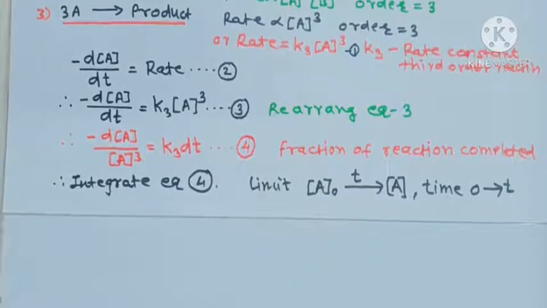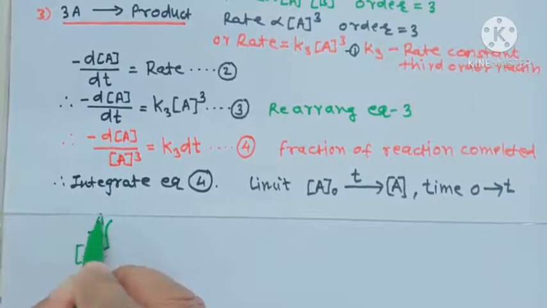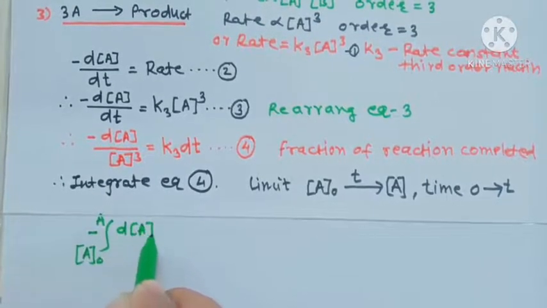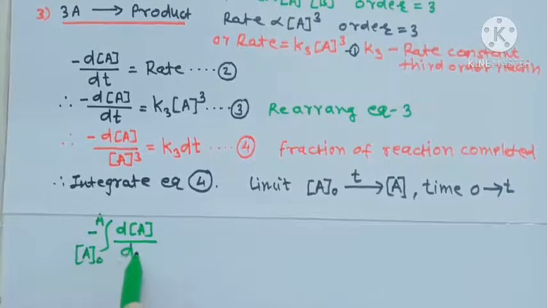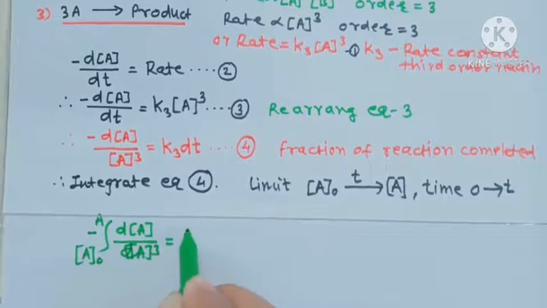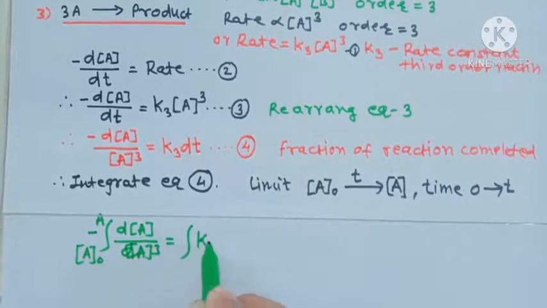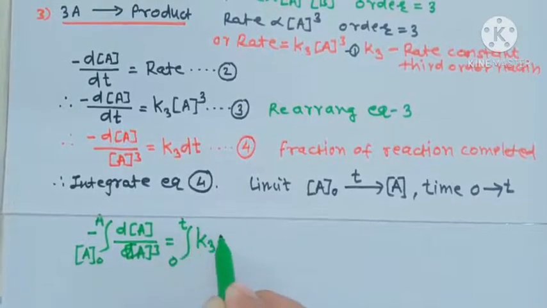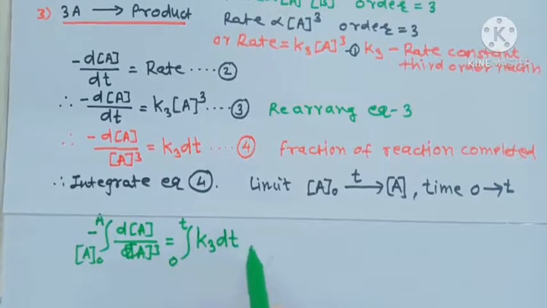Now we have the integration. I will take the negative sign outside. So, integration from initial concentration A0 to A of dA upon A cubed is equal to integration of K3 multiplied by dt.